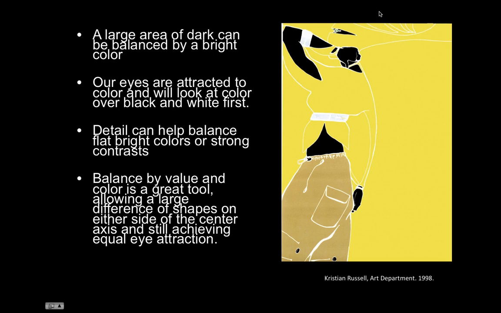These little lines bring your eye back to the yellow, and so it helps balance this side out. Doing asymmetrical balance is really just trying to figure out that when one side becomes too much, you need to figure out something for the other. The yellow background is a lot, so there's a lot of detail over here, but there's so much detail that you now need something else in the yellow background.